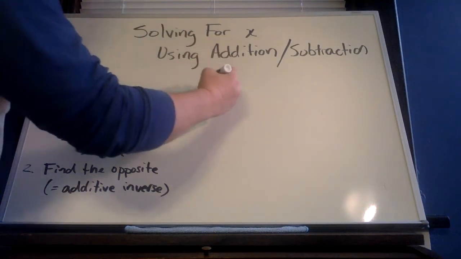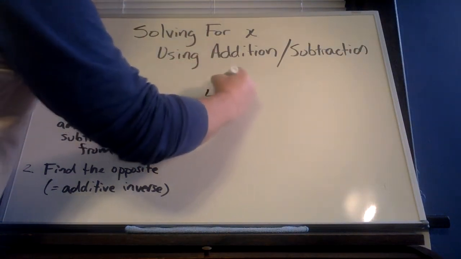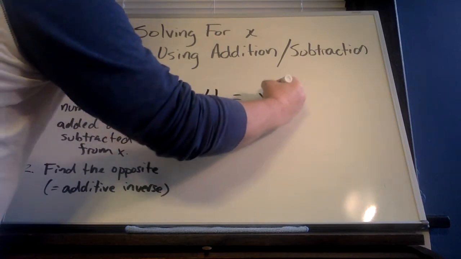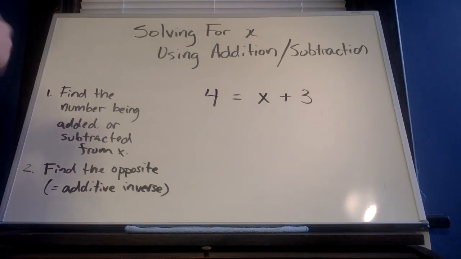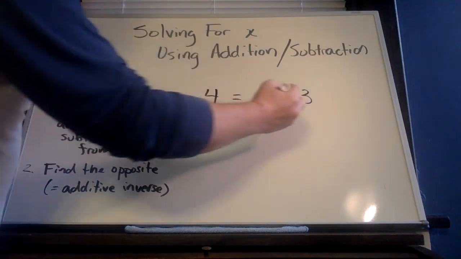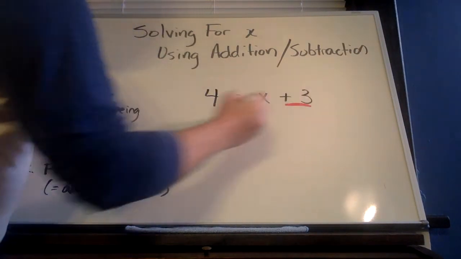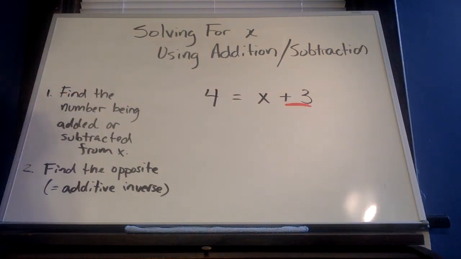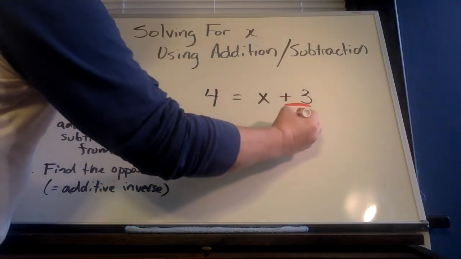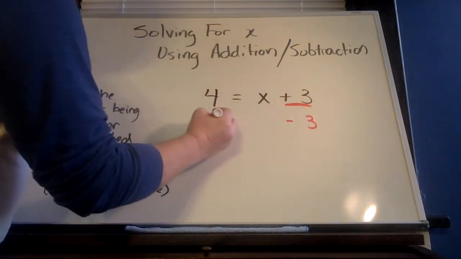So if you were to have it the other way around, 4 equals x plus 3. Remember, we want to find that number that is associated with x. The x is now on the right-hand side, so the plus 3 is now the number being added or subtracted from x. The opposite of plus 3 is minus 3.